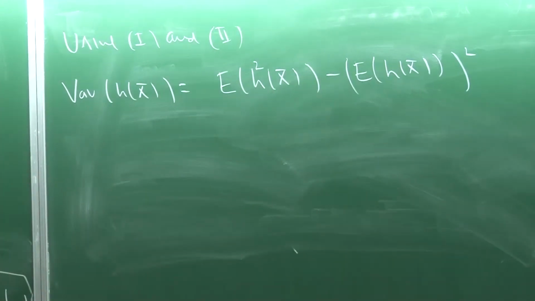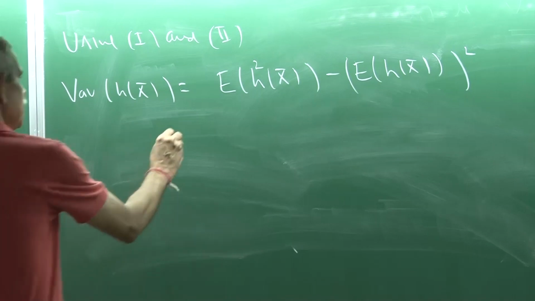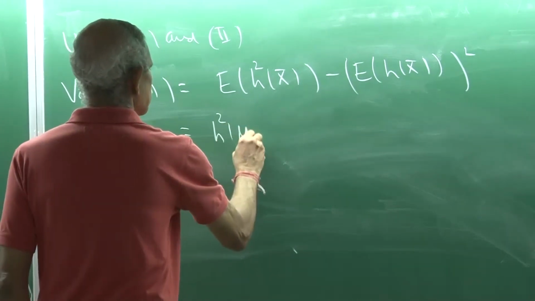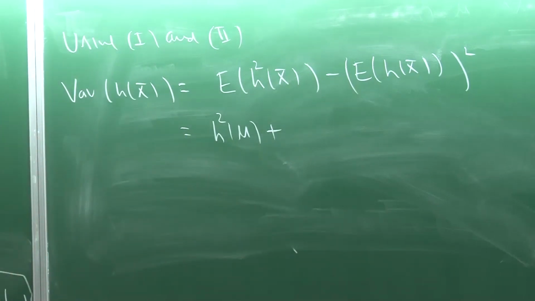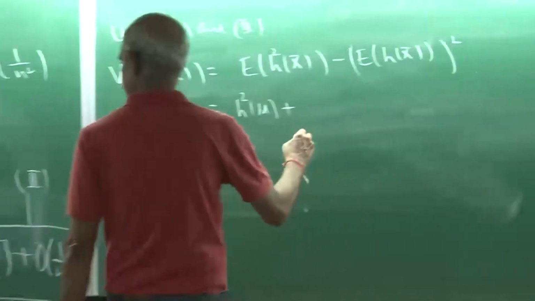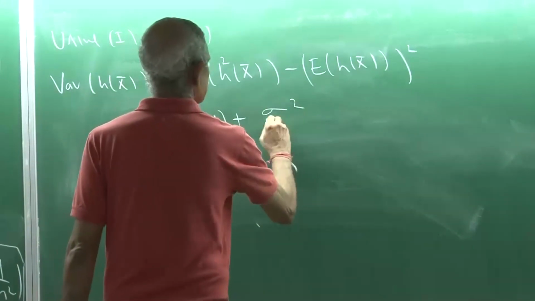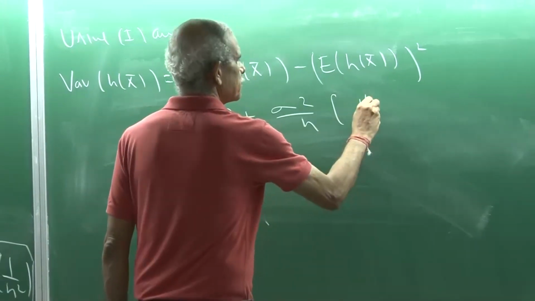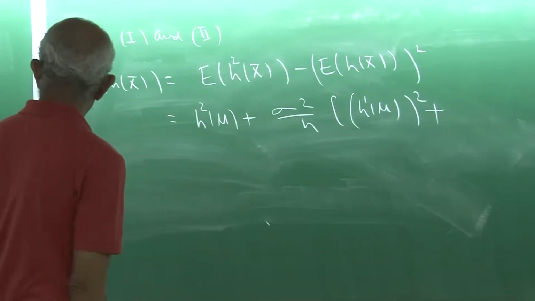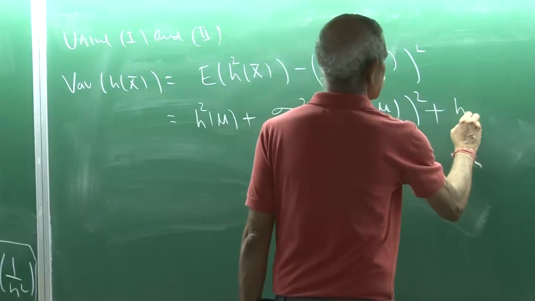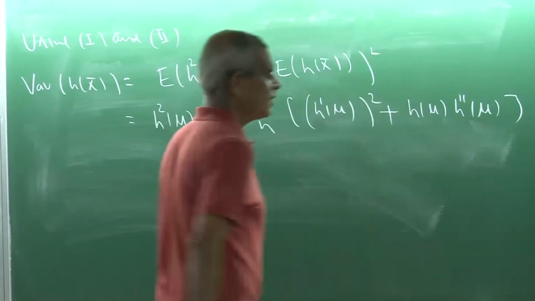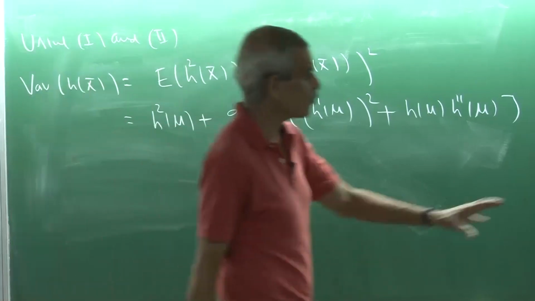The expected value of h square x bar you have already written down over here, which is nothing but h square of mu plus sigma square by n, h prime mu whole square plus h mu h double prime mu. Now you have to look at the square of this quantity.